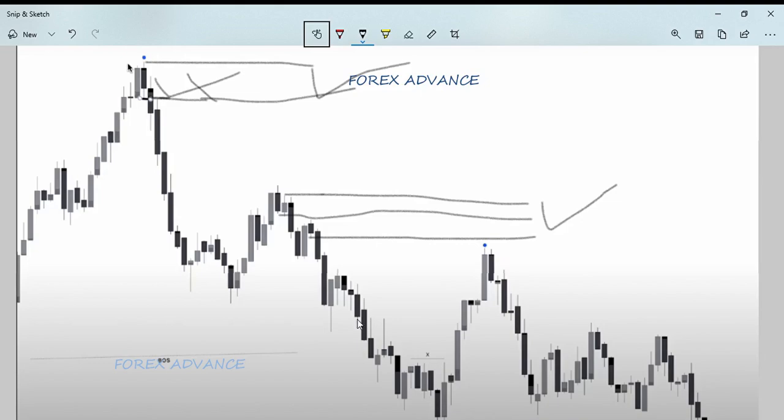As we can see in the next candles, all these candles are mitigated. Why are these mitigated? Because the market has already gone up to that specific point. So below this order block, these candles are already covered.